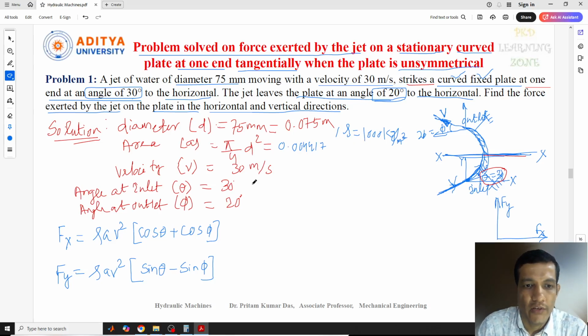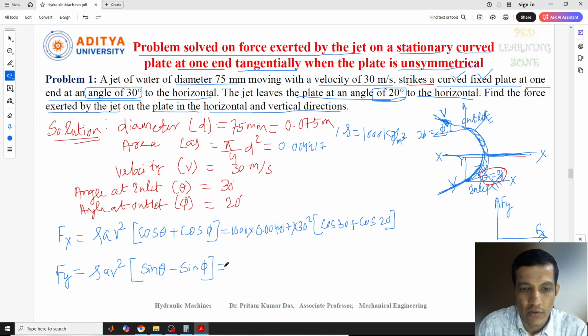And rho value is given, velocity is given. Just put all these values here and we can get the final value. This is 1000, and the area we got is 0.004417, and velocity square, that is 30 square, multiplied by cos theta, cos 30 plus cos 20, bracket close.